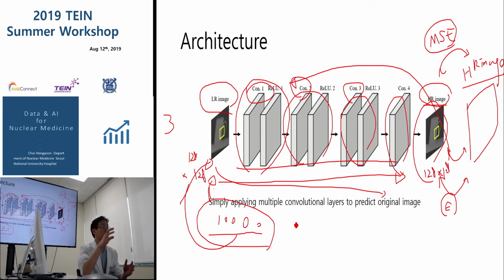Simulated low dose PET data can be generated from the routine dose FDG PET data. So the deep learning model trains on these 2 data, routine dose PET data and the simulated low dose PET data. Then it recovers the low dose PET data to the routine dose PET data. After several rounds of training, this deep learning model can generate realistic high dose data.